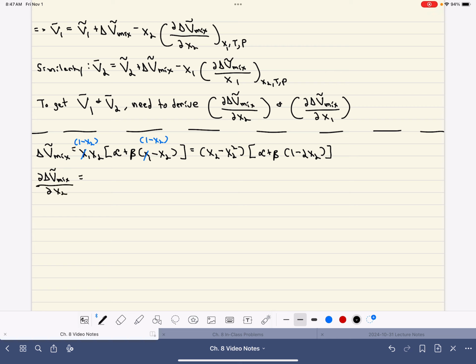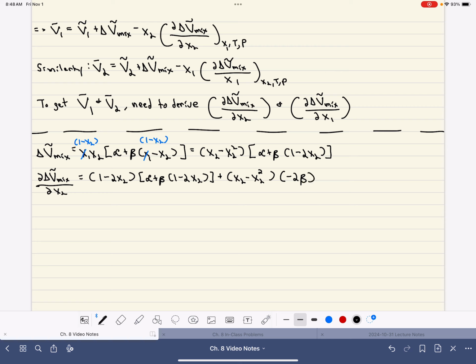And we get the following, plus x2 squared, minus 2 beta.